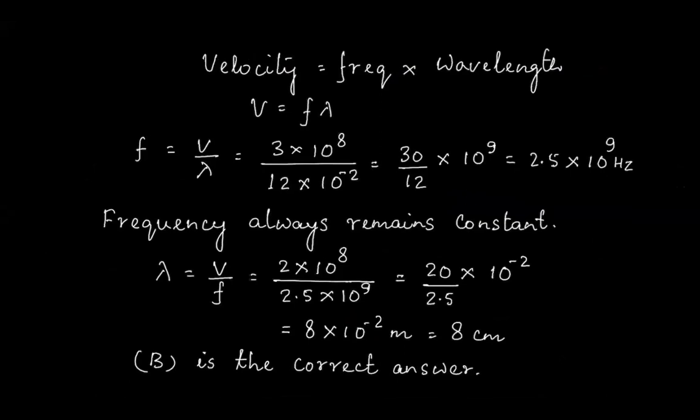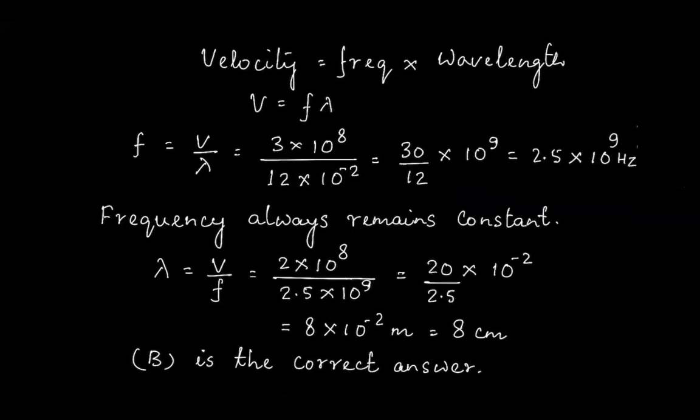All right. Now you see, you need to know the equation for velocity. Velocity is frequency times wavelength. You are given the velocity in air and you are given the wavelength in air. So the first thing you need to do is to calculate the frequency.